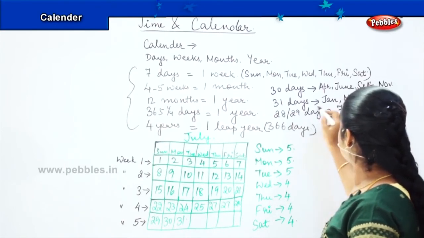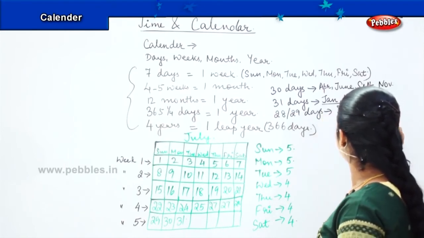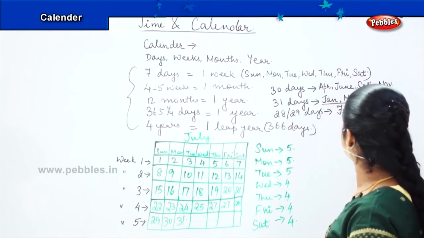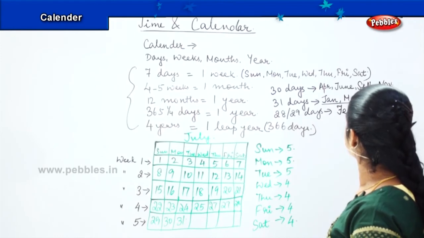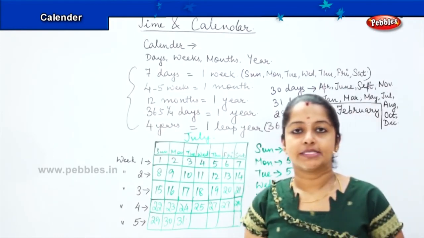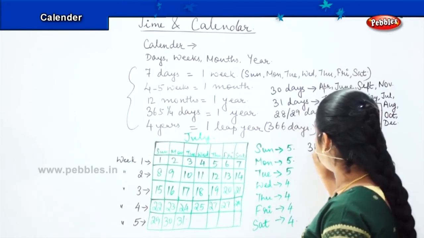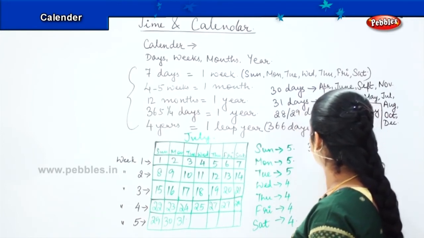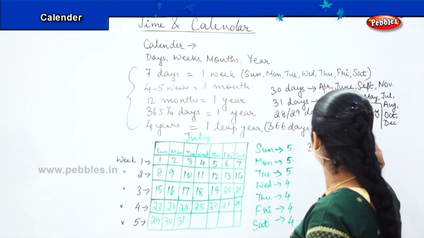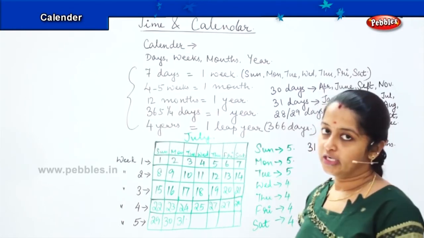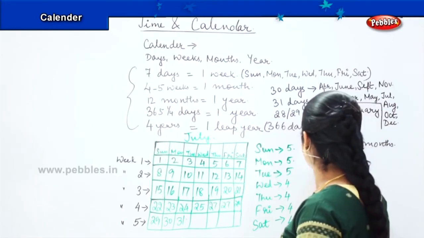So how many can you see here? You have 1, 2, 3, 4, 5, 6, 7. You have 7 months which have got 31 days. How many months have got 30 days? Can we calculate and see?